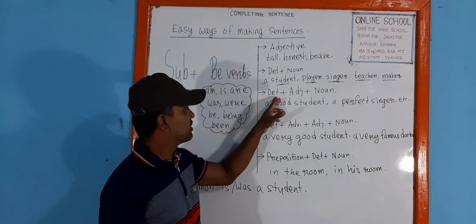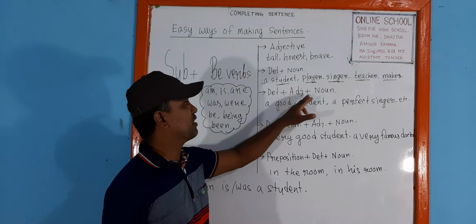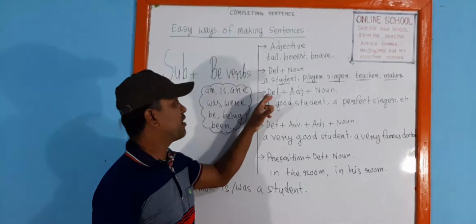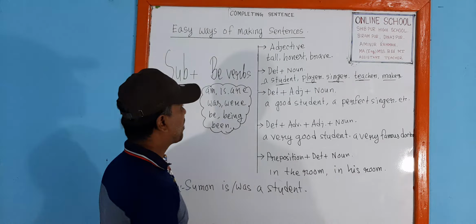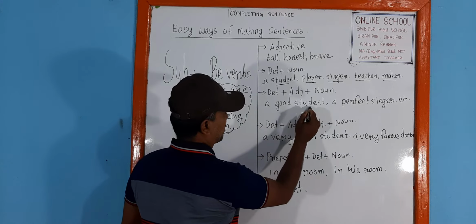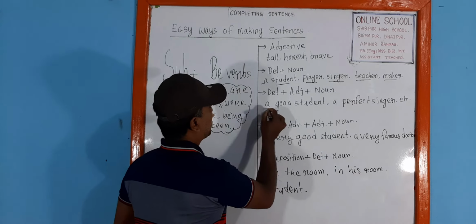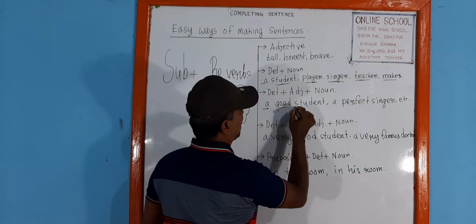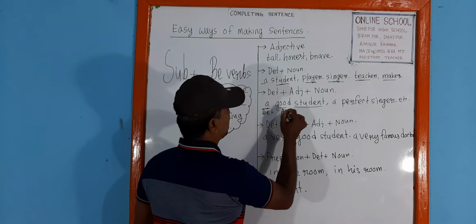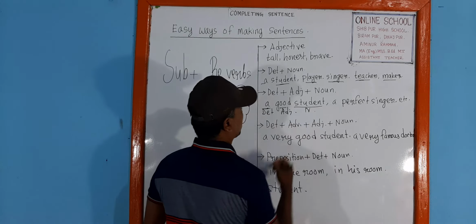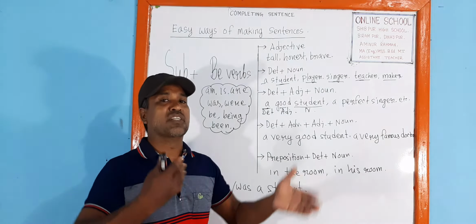Now let's discuss the next one. After be verb we can set up determiner plus adjective plus noun. After the determiner and before the noun you can set up an adjective. So look at this: a good student, a perfect singer. In this way, we can use a determiner, a; good, adjective; student, noun. So using this structure, determiner, adjective, noun, we can make so many sentences.